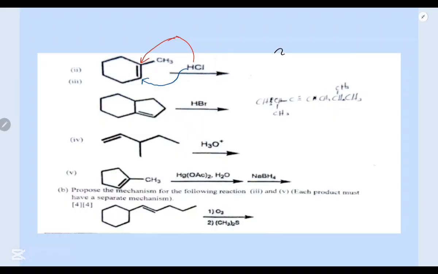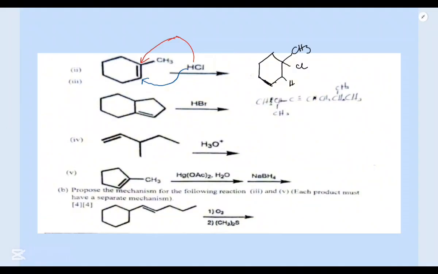So the product that we expect here is, here we have our CH3 with our chlorine, and the hydrogen will be here. That's the answer. So the process has followed Markovnikov's law.